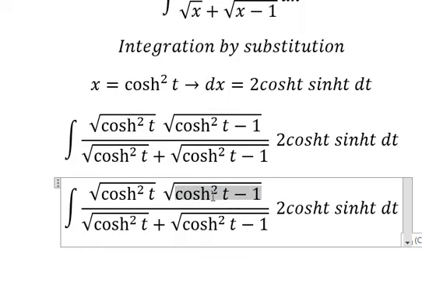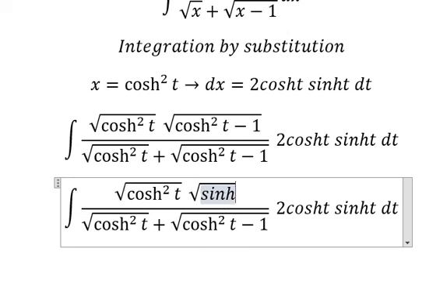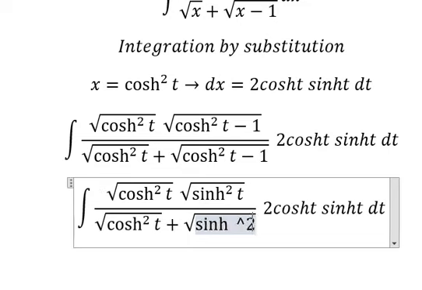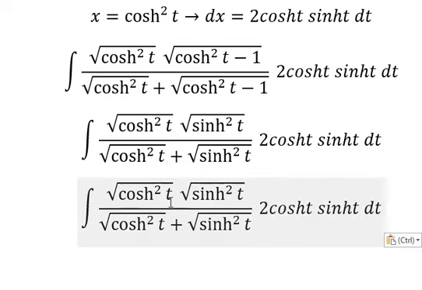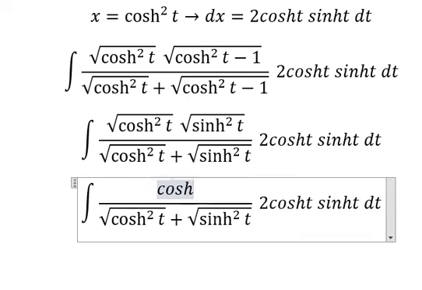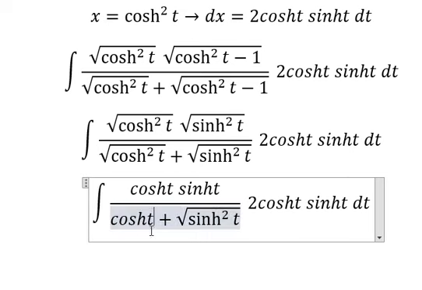So this one is sin t square. This one is sin t square. The square root of this one we have cos t sin t. This one is cos t sin t.